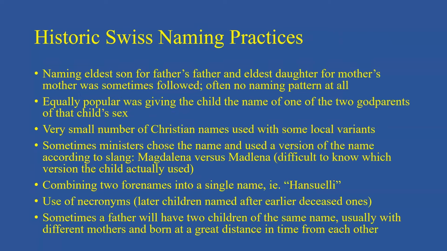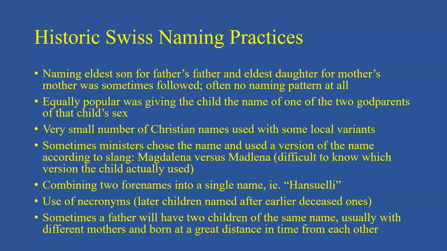So you cannot rely on Swiss names genealogically for determining earlier generations. As I said, the Swiss used a very short range of names for their children. A good list can be found in Rohrbach's book called Guide to Swiss Genealogical Research.